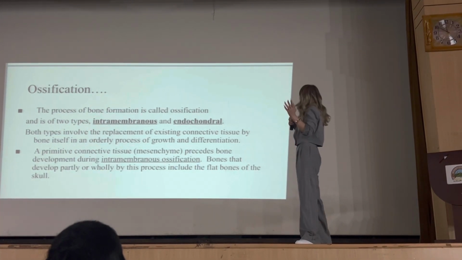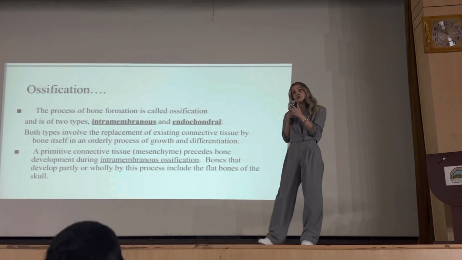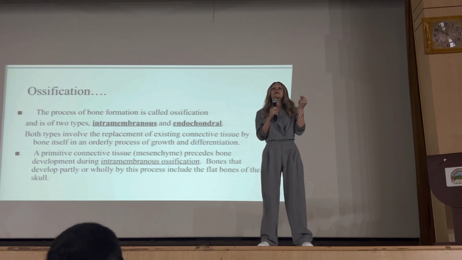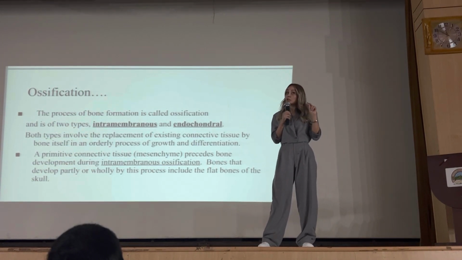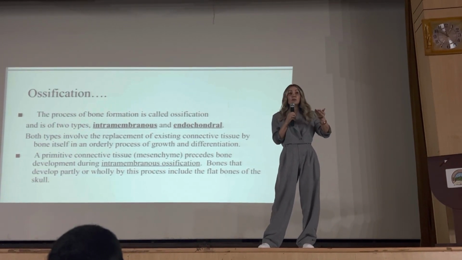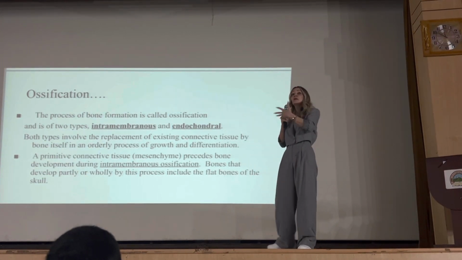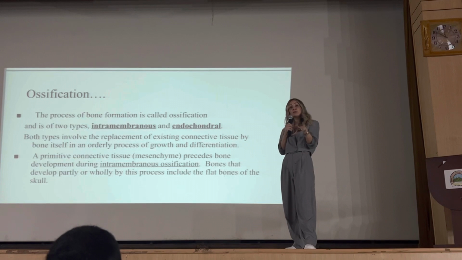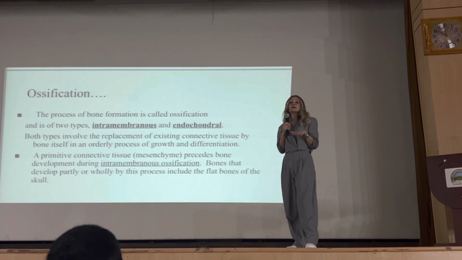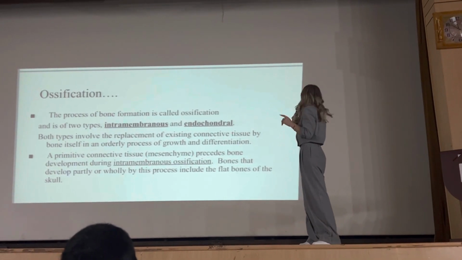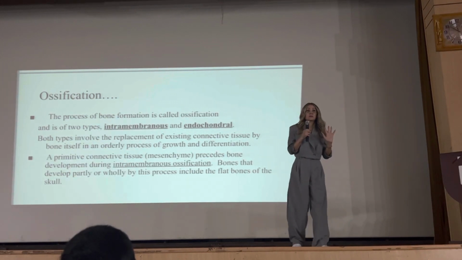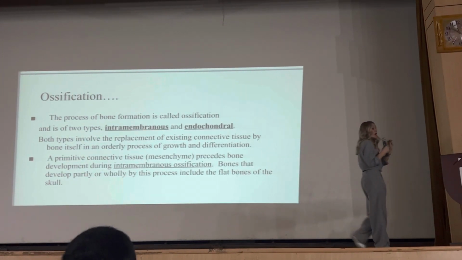We have the other type, endochondral ossification. It means that pre-existing cartilage is transformed into bone, like the long bones, the femur or humerus. Most long bones of the body are of endochondral type. This is the simplest way to differentiate.